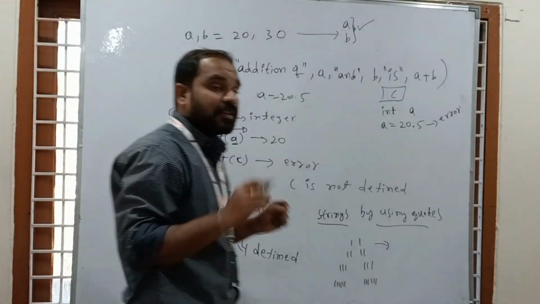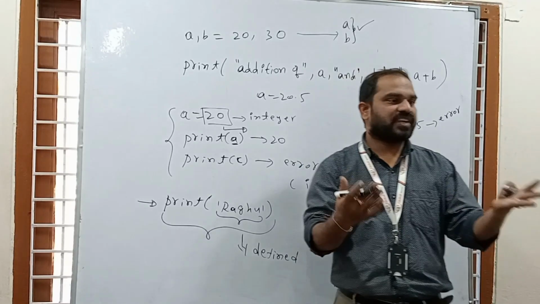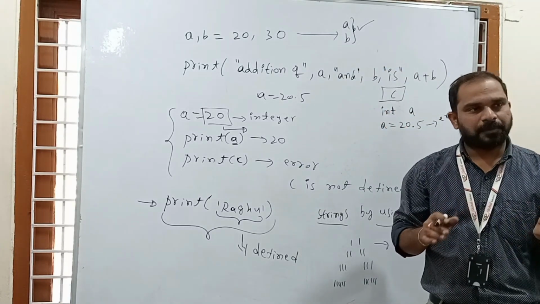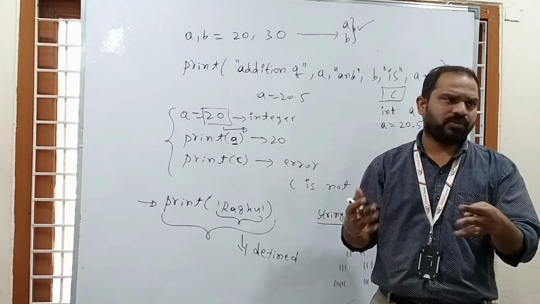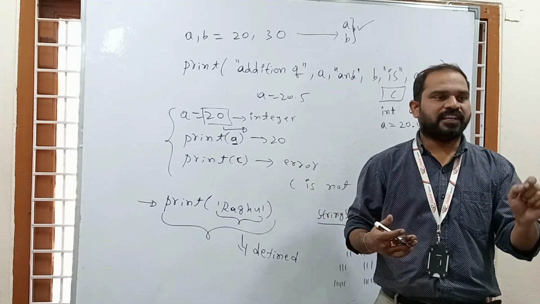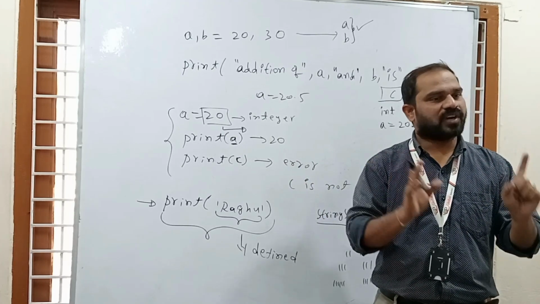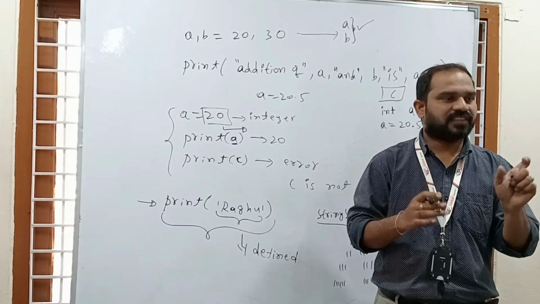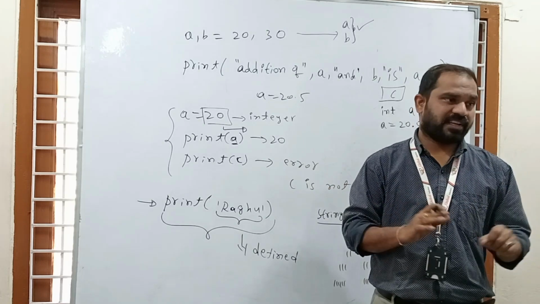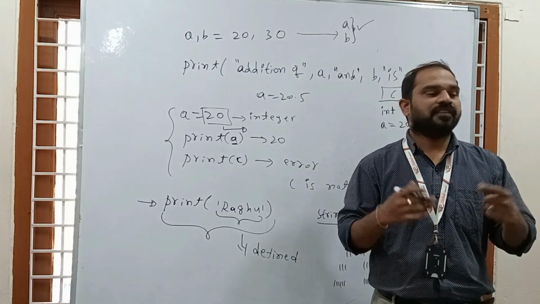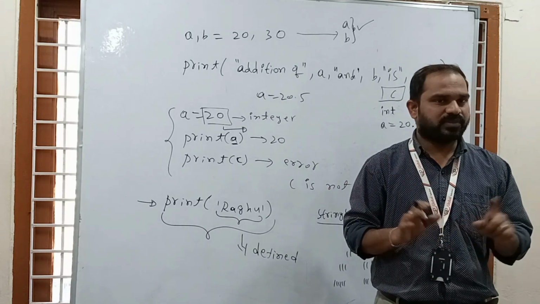No, because 20 is directly an integer, right? The interpreter can recognize this 20 as an integer without using quotes. Only text needs quotes to be defined as strings. Only strings can be printed on the screen by the print function, not raw text without quotes.